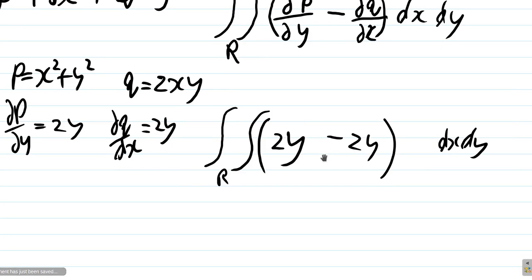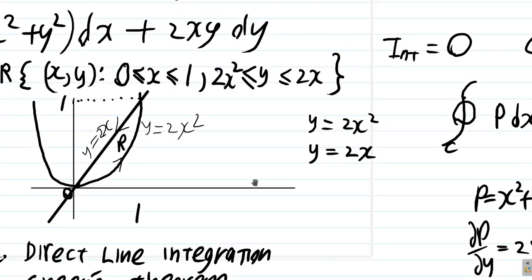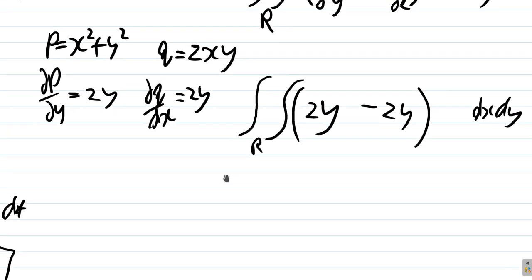And do dy first, because to find x you'd have to do your transposition. But anyway, what was the argument I'm talking about? If you do a double integral around a region R of 2y minus 2y, you'd say, what is 2y minus 2y? It's 0.